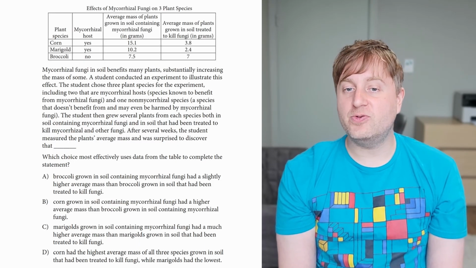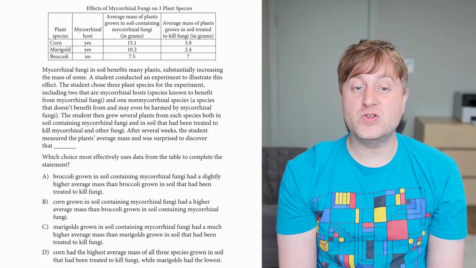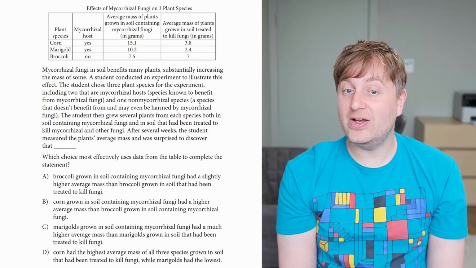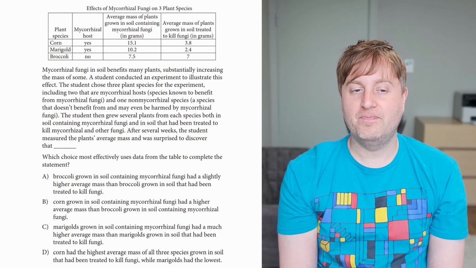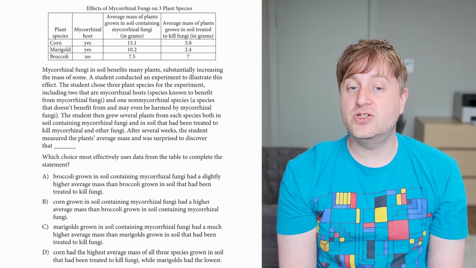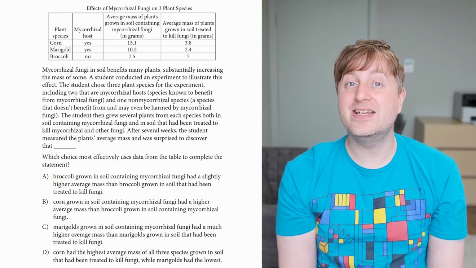The student then grew several plants from each species, both in soil containing mycorrhizal fungi and in soil that had been treated to kill mycorrhizal fungi and other fungi. After several weeks, the student measured the plant's average mass and was surprised to discover that blank.